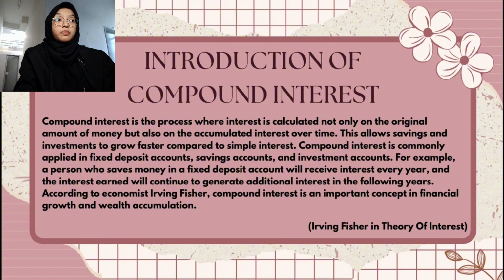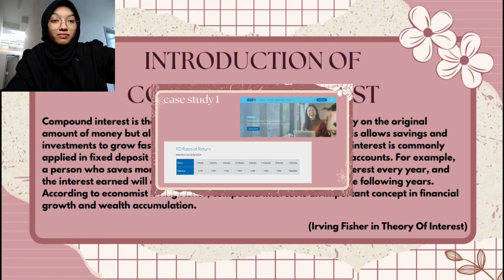For example, a person who saves money in a fixed deposit account will receive interest every year, and the interest earned will continue to generate additional interest in the following years. According to economist Irving Fisher, compound interest is an important concept in financial growth and wealth accumulation. Irving Fisher, Theory of Interest.